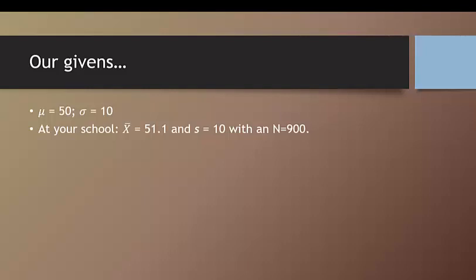Our givens are that our population mean was 50 and our standard deviation was 10. Okay, at your school, so we're taking our sample of our students at our school, our sample mean was 51.1 and our standard deviation was 10, and we had an N of 900. We had 900 students testing. We're considering our school as a sample of the whole population, and our standard deviation is the same.